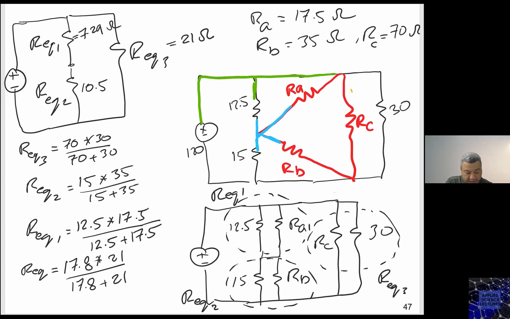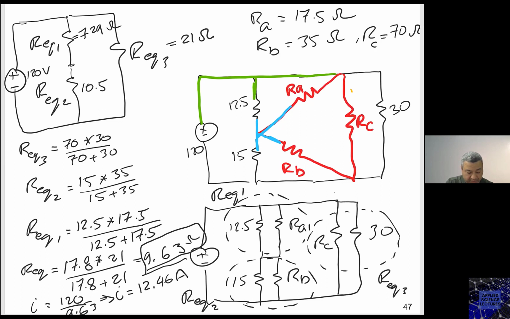So R equivalent is 9.63 ohm. And in this case, this one is 120 volt, then the current I is 120 divided by 9.63, and the current is 12.46 ampere.